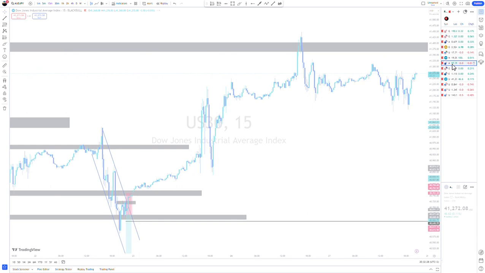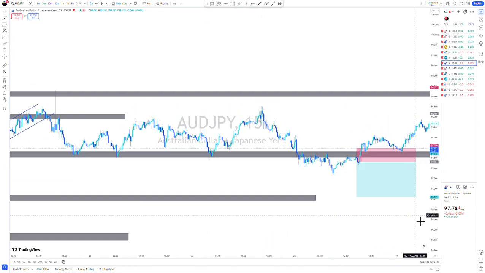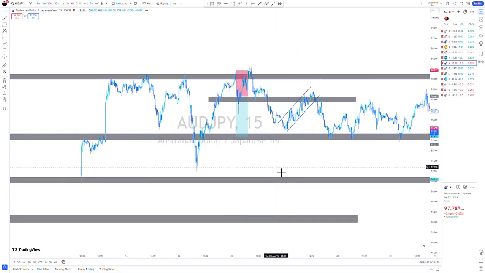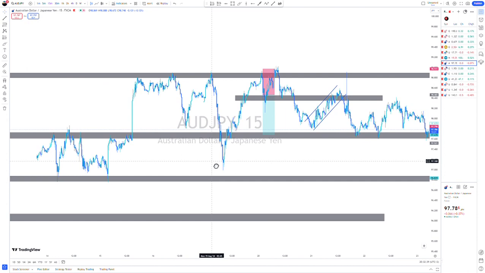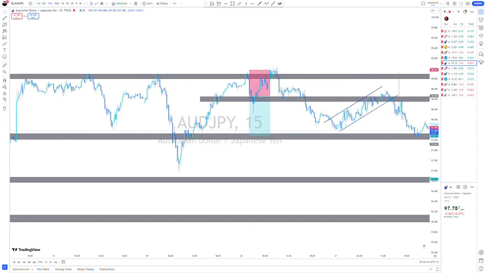Let's go over to AUDJPY and take a look at the trade that I took. Wow, so this is the trade that I took. You see, stop hunts. This is where I got hunted. This is what we call a stop hunt.